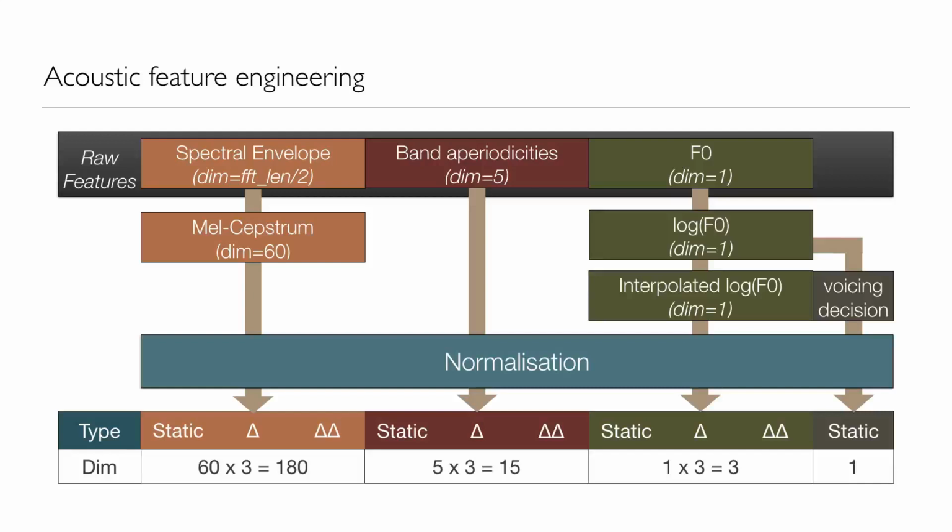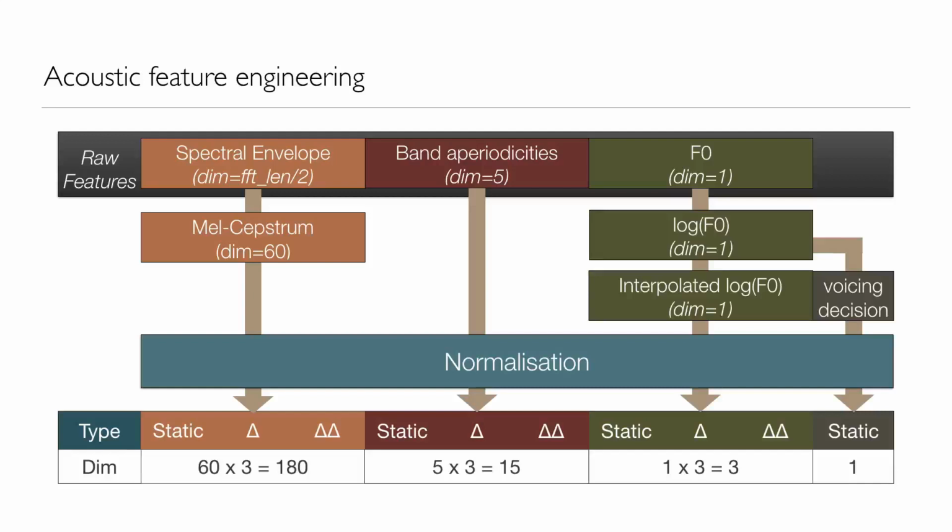I want to mention that all of these processes are inherited from the old HMM-based speech synthesis, so there are many things that we should modify in the future. You can think about how to modify them, or research about this.